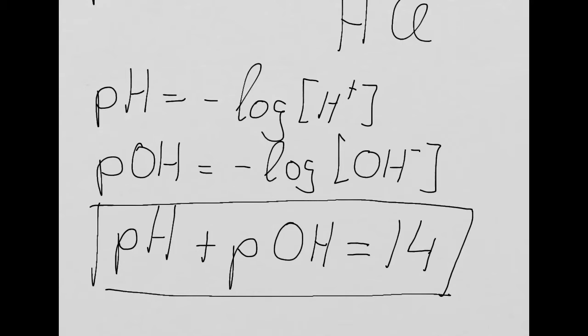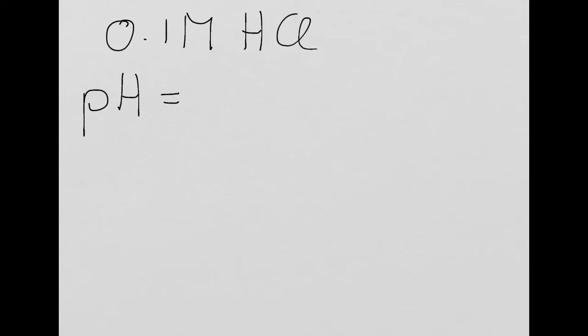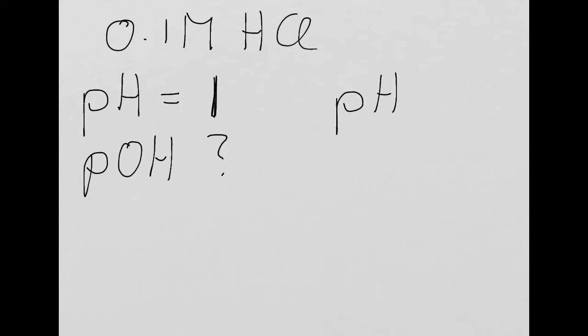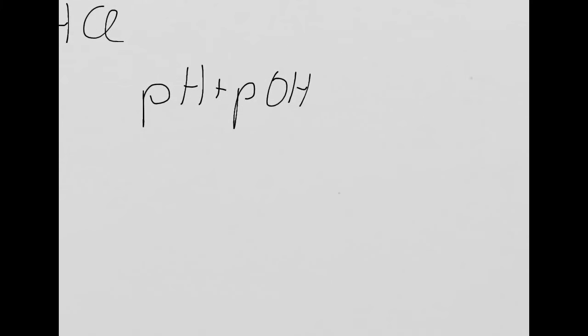Absolutely. So what you do here is, you have been given a 0.1 molar hydrochloric acid solution. We've calculated the pH. The pH equals 1, you said earlier. We are now looking for the pOH. And we know that pH plus pOH equals 14.